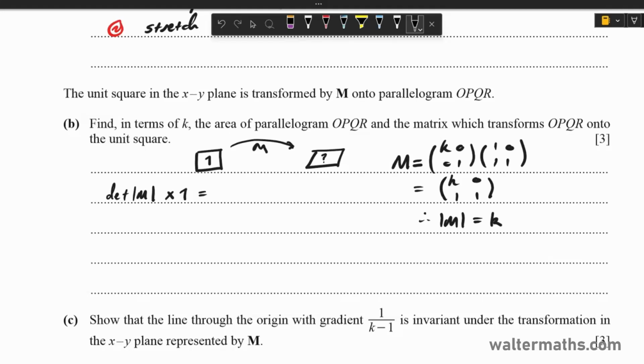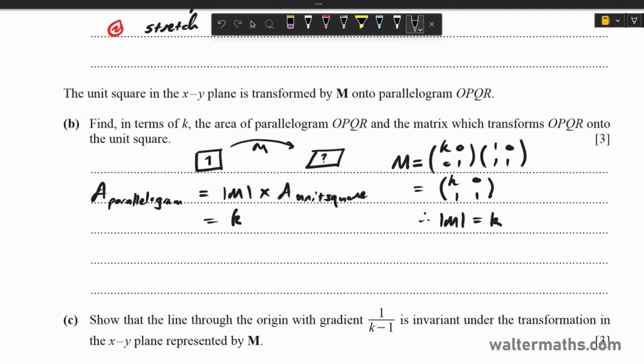So therefore here we are saying the area of the parallelogram. So let me just rewrite this. We are saying that the area of the parallelogram is equal to the determinant of M times the area of the unit square.